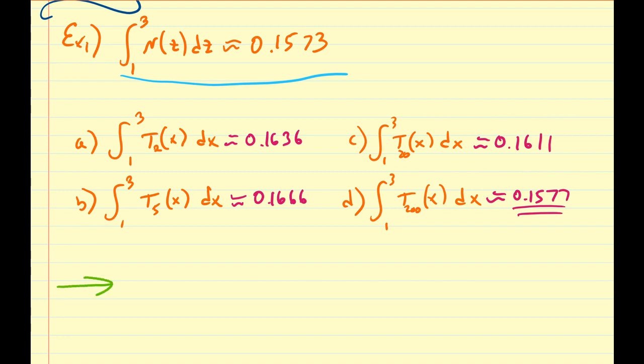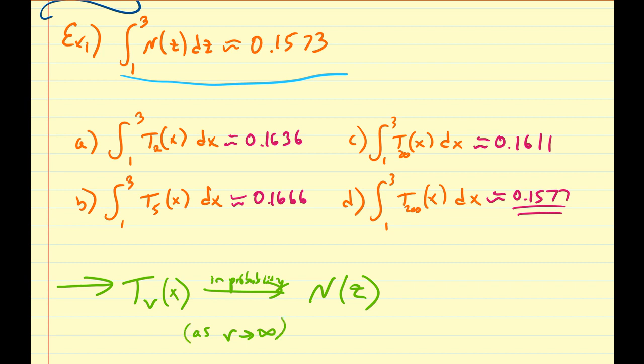So we see that t of mu of x converges in probability to the standard normal distribution as nu tends to infinity. So that's a conclusion that we see from this.